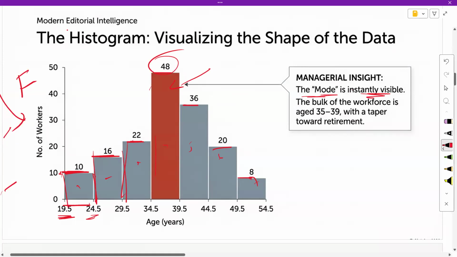By looking at this graph, we can quickly trace the mode. The bulk of the workforce, many of the workforce, is aged between 35 to 39, with a taper towards retirement.